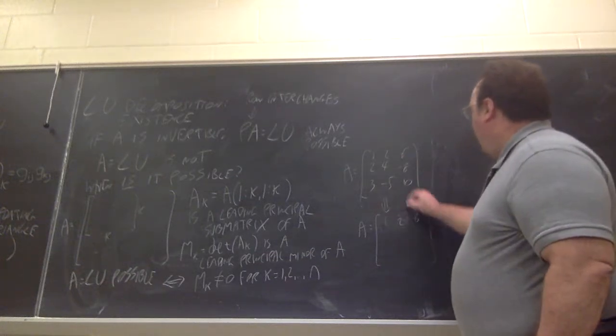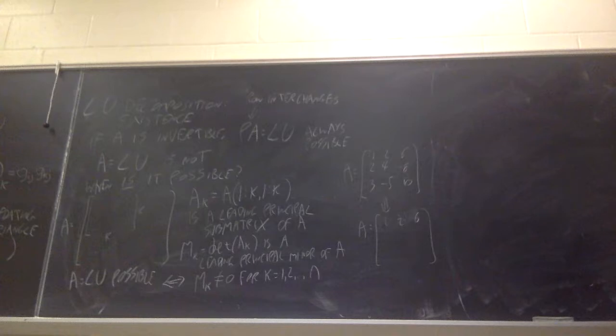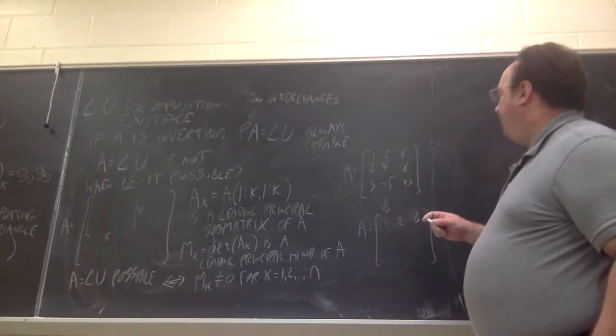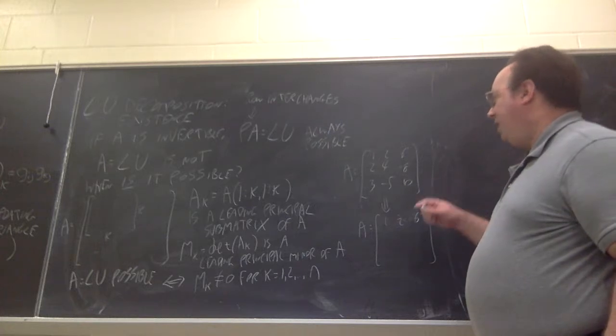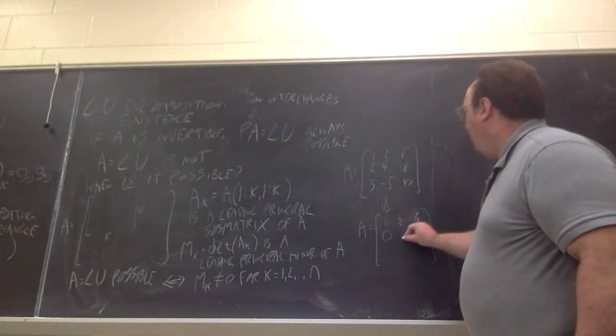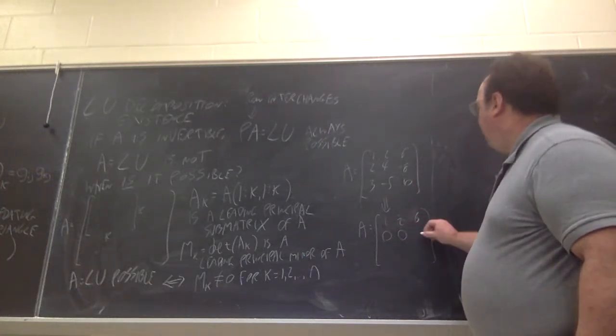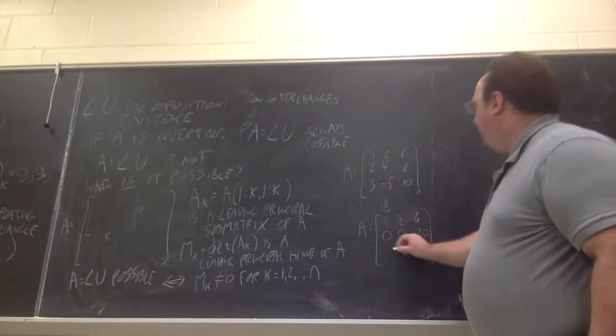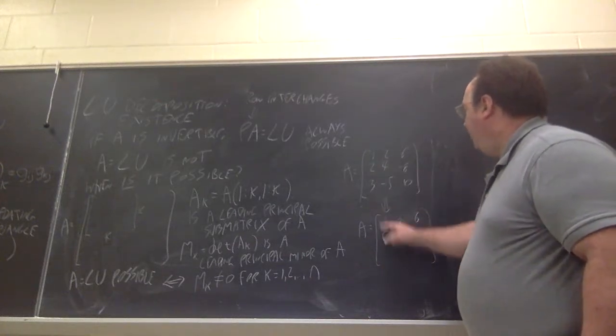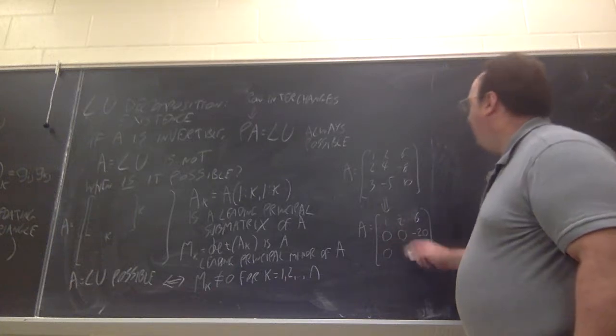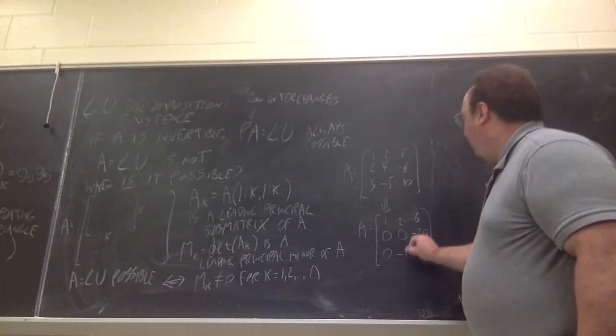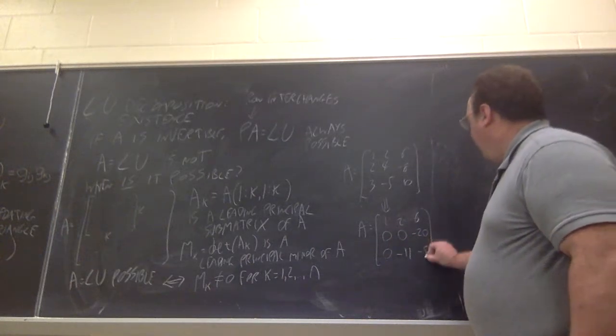So I double the first row and subtract it from the second, and I'll get 0, 0, minus 20, and then triple and subtract, so 0, minus 5, minus 6, minus 11, minus 8.